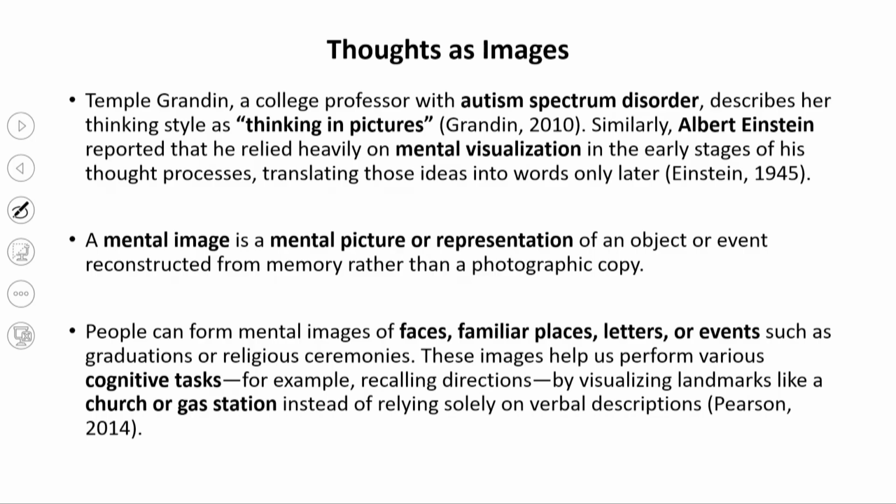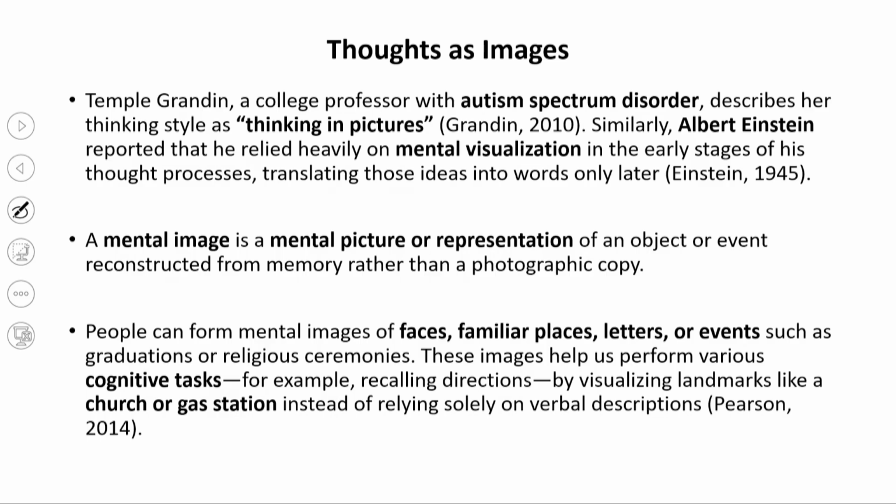So a lot of people use images as a very important aspect of thinking. Similarly, Albert Einstein was known to use a lot of imagination or visualization when he used to solve a problem or think about something.